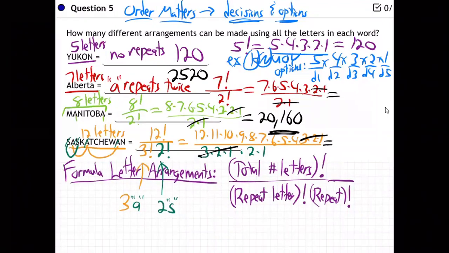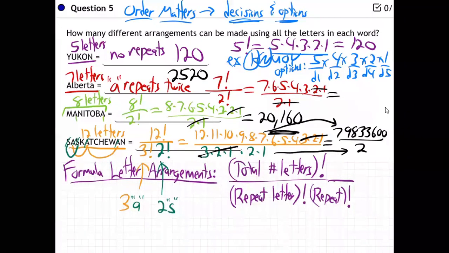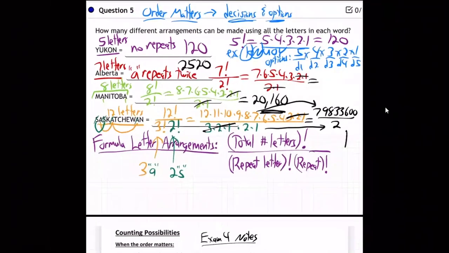And so then just multiply what's left over. So 12 on down to 4. I'm getting a very large number, 79,833,600 over 2. 2 times 1 is 2. Okay, and then divide that by 2. And I'm getting an answer.